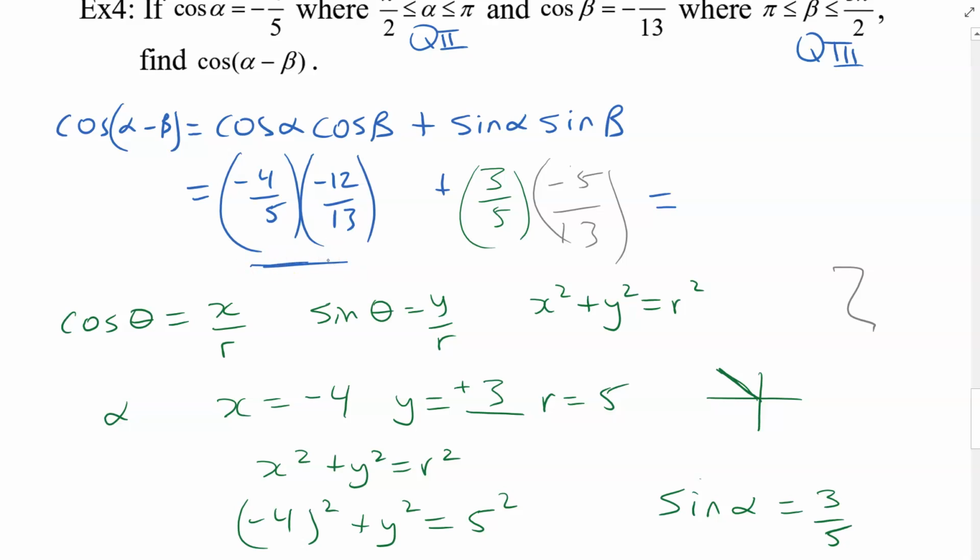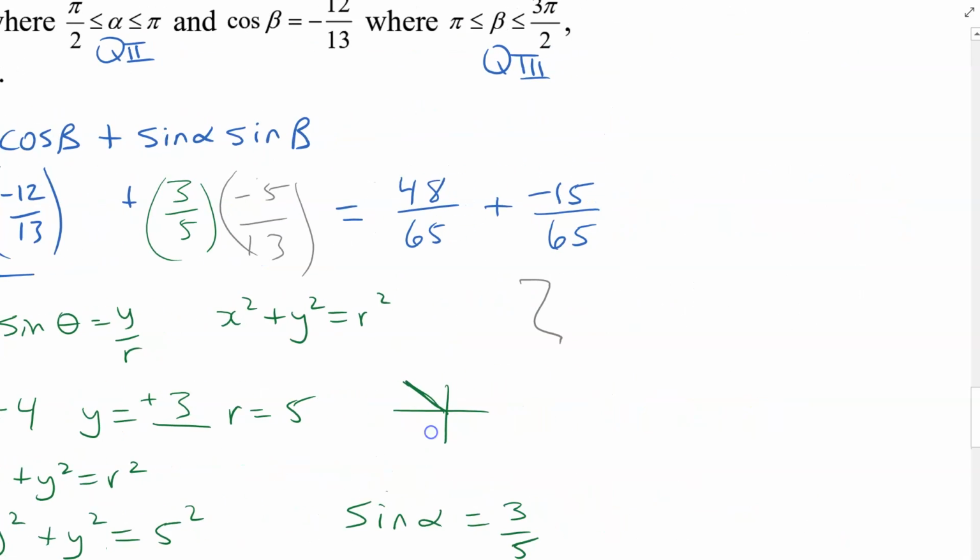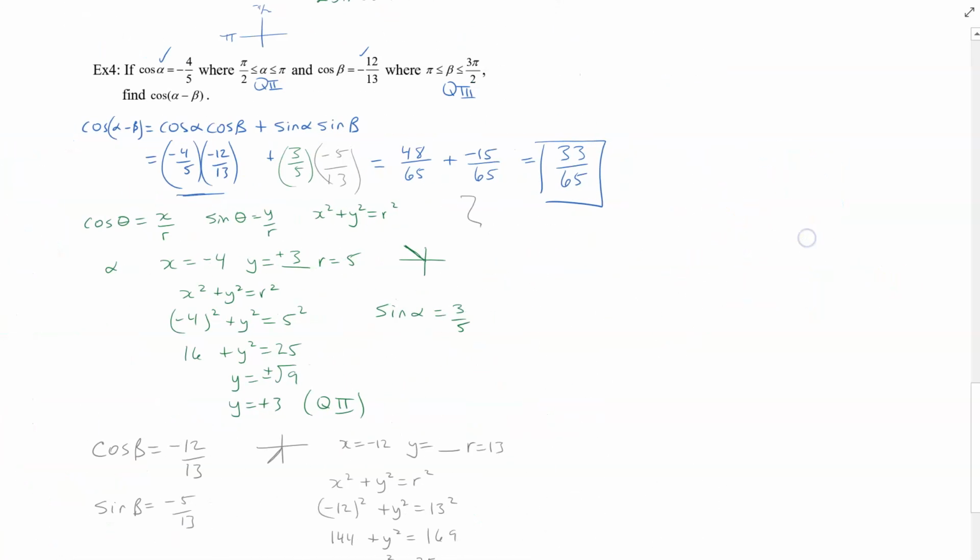So 5 times 13 is equal to, what is that, 65? -4 times -12 is going to be equal to positive 48. Plus, and again, 5 and 13 is going to still give me that denominator of 65. 3 times -5 is -15. So 48 minus 15 is 33 over 65 is my final answer. I'll put a box around it because I did so much work here.